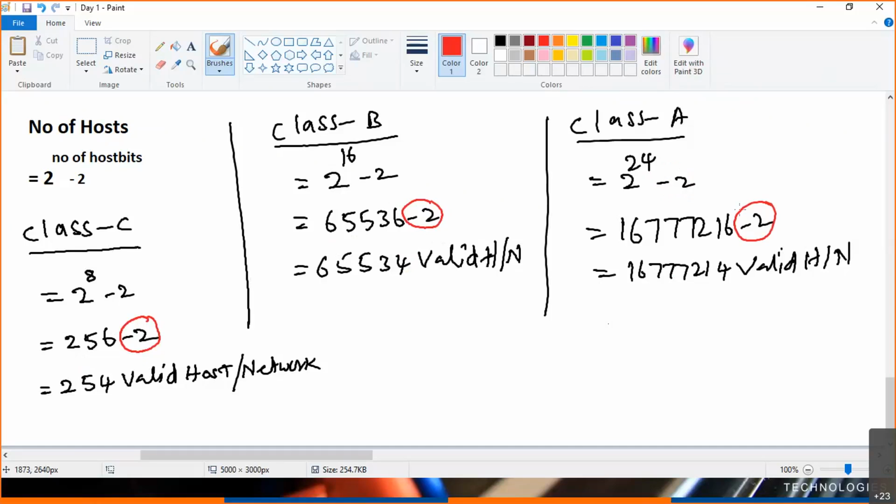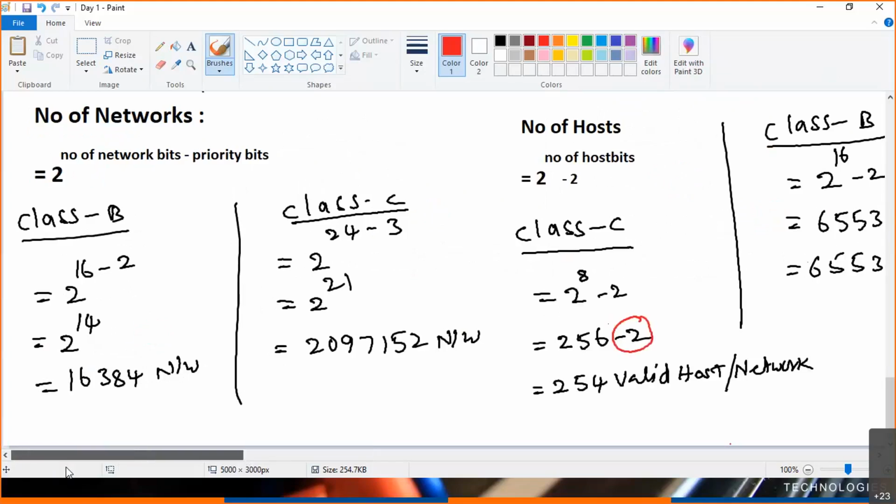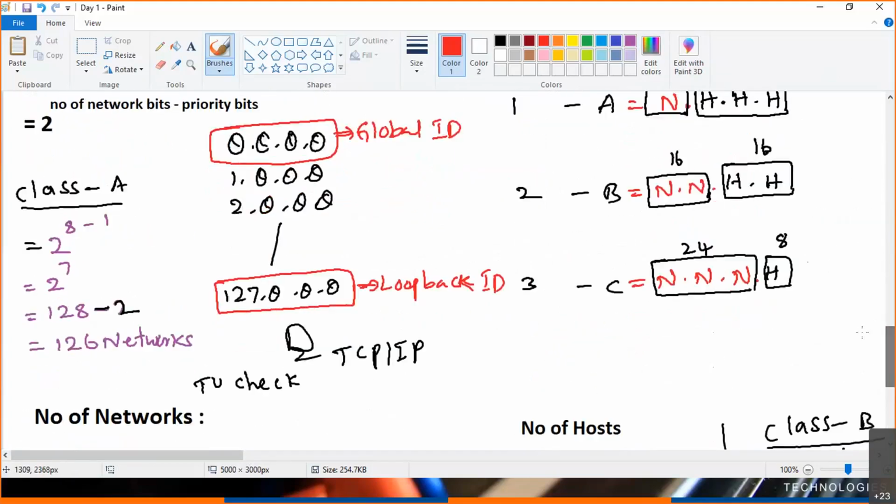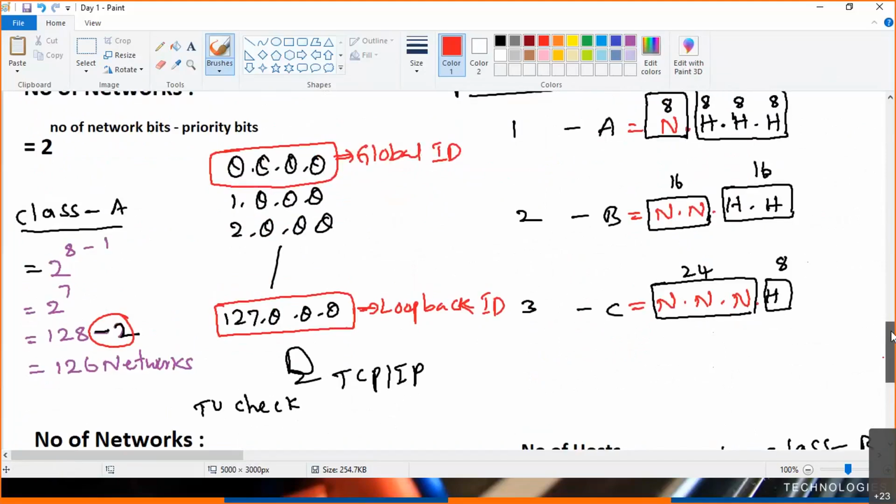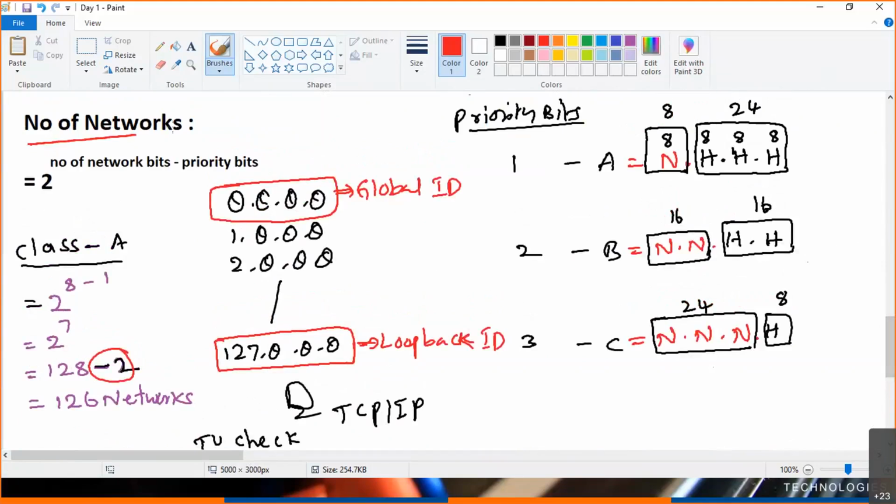Now tell me, in the number of networks calculation for Class A, you did minus 2, right? Why minus 2 there? Only for Class A we did minus 2 in the number of networks. Why?